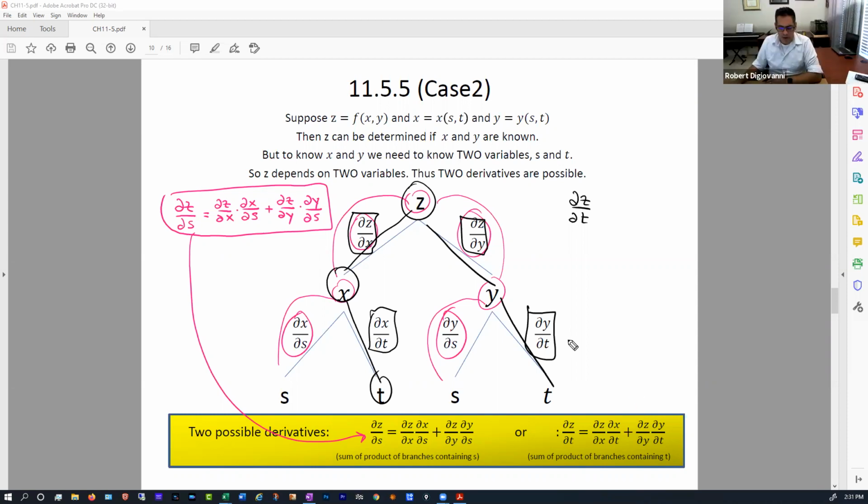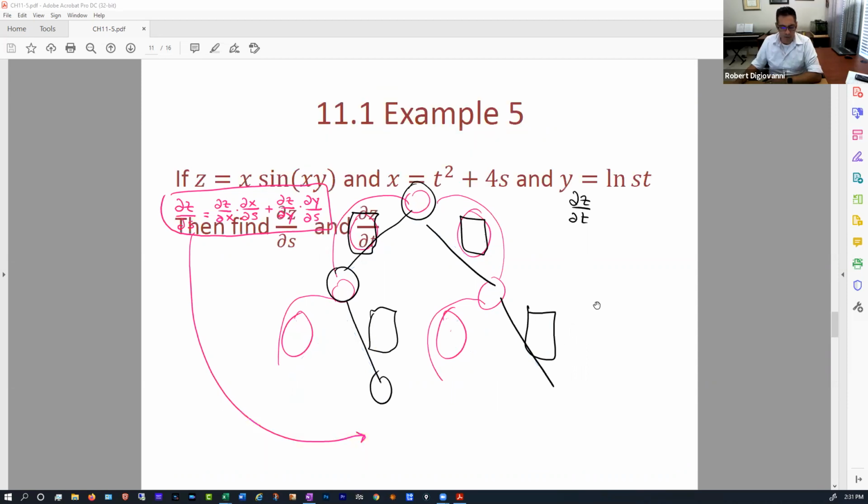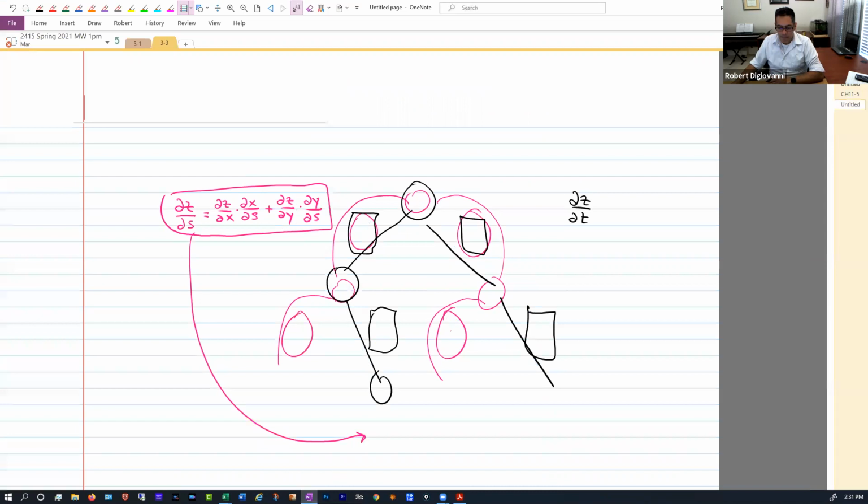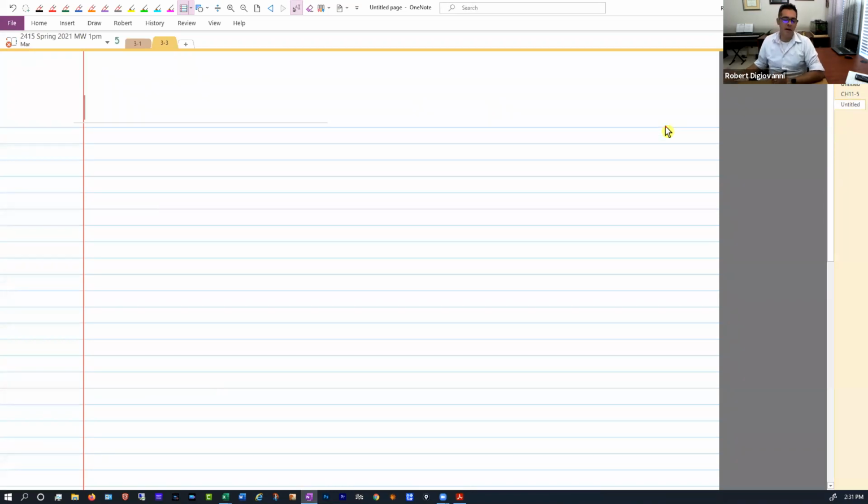Now, I believe I have an example for this one, but we're not going to do it right now. I want to throw something crazy out there, and then I'm going to talk about the test. Clear this out. Okay, so what if z depends on x, y, and t?